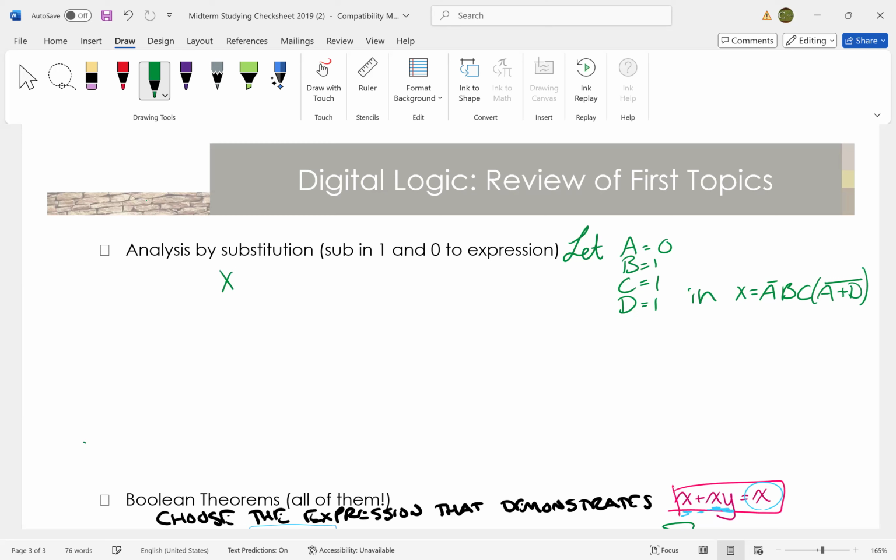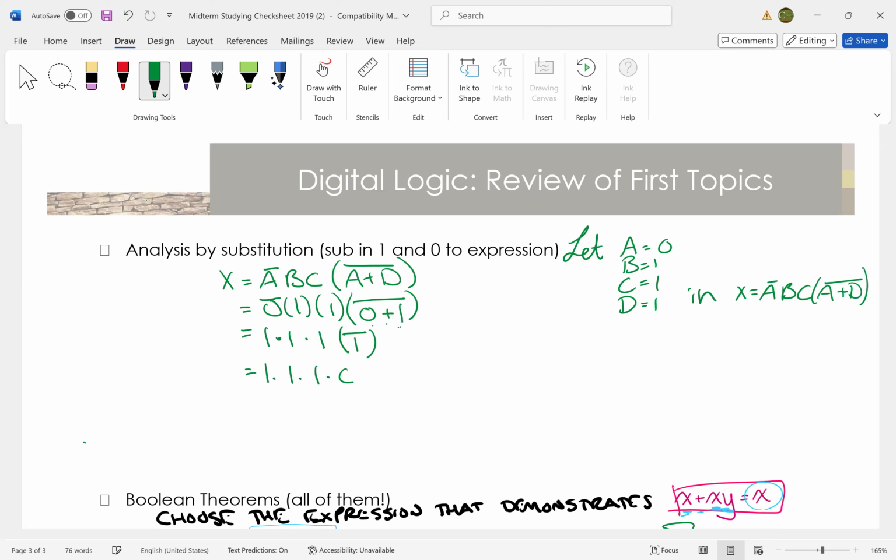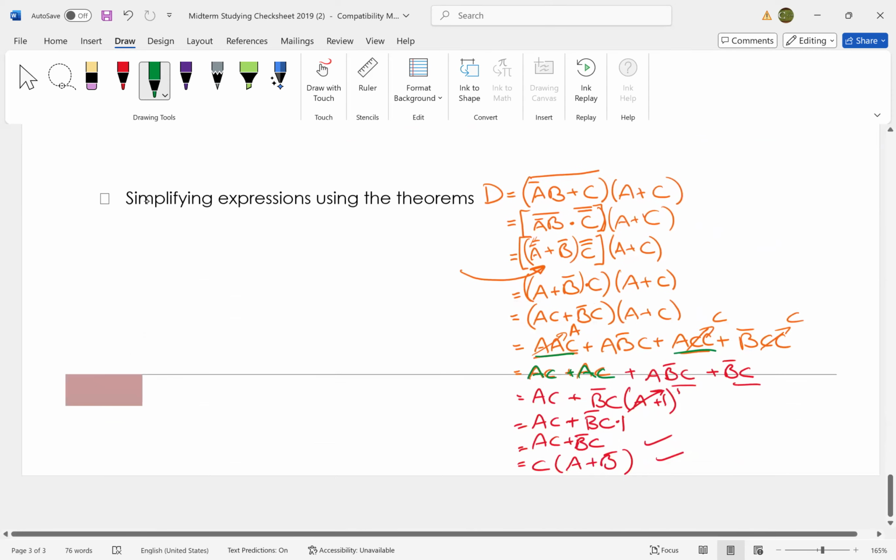So then what you do is you literally let it equal all of its values and show all of your work. Zero or 1 would be 1 inverted. 1 and 1 and 1 and 0, which would be a 0. And that's how you solve that kind of problem.